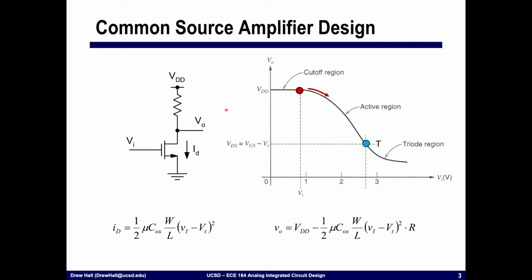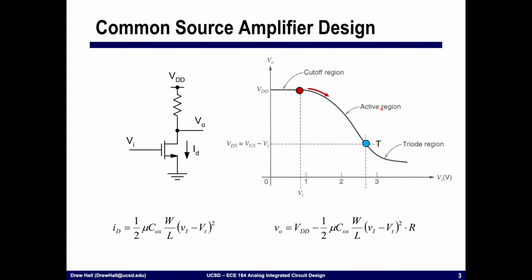Okay. Once I keep increasing V in above that point, the transistor starts conducting current. We've entered saturation. We'll also call this region the active region of operation. So saturation and active for a MOSFET, they mean the same thing. Okay. And this is where we're trying to operate the device. We wanted to build a good voltage-controlled current source. A MOSFET in saturation acts like a good voltage-controlled current source.